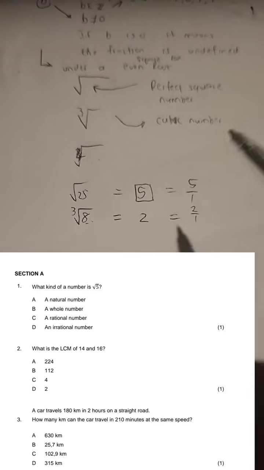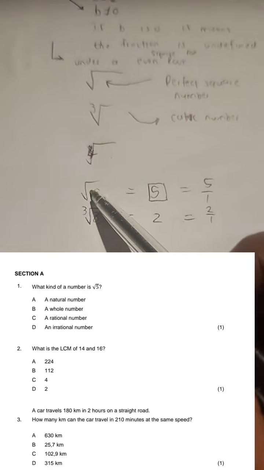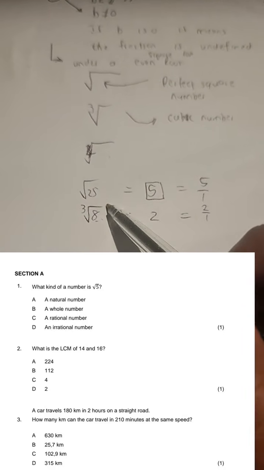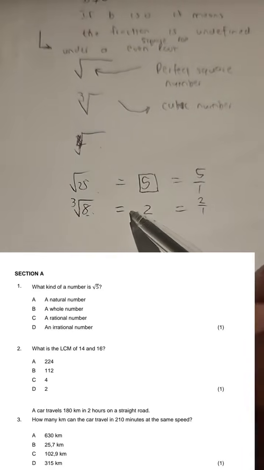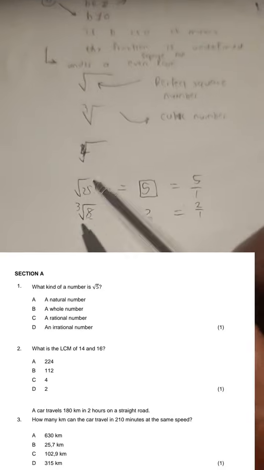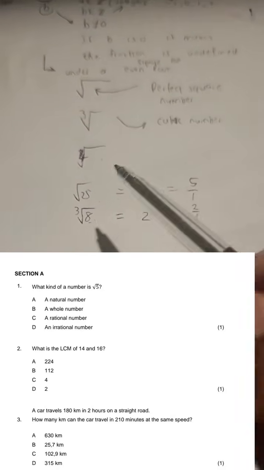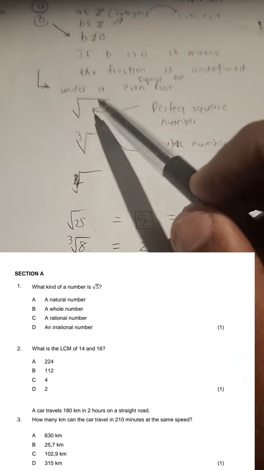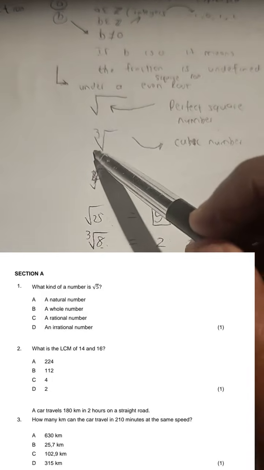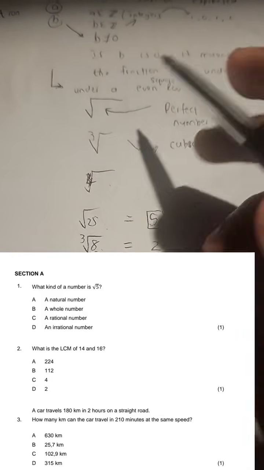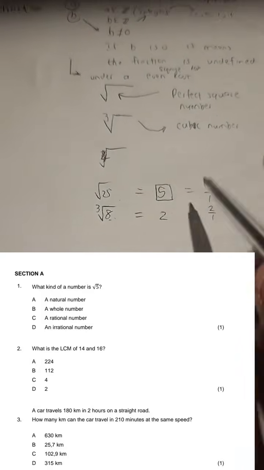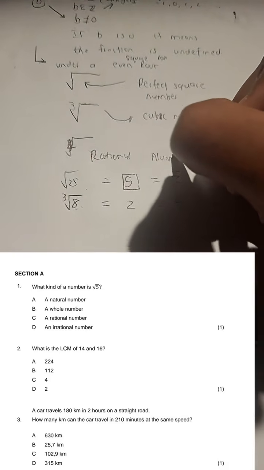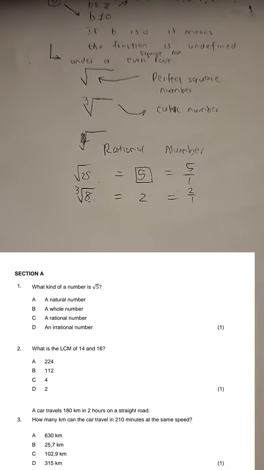So as long as the number under that particular root is going to result in a natural number, then we say that number is a rational number. If it's a square root, then it must be a perfect square number under the square root. If it's a cube root, then it must be a cubic number under the cube root in order for it to qualify as a rational number. I hope that makes sense, guys.